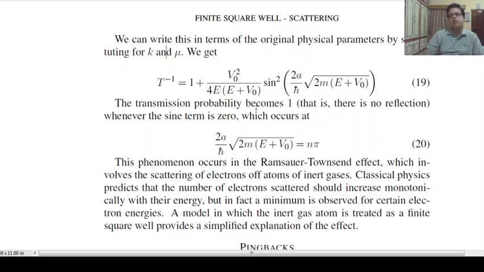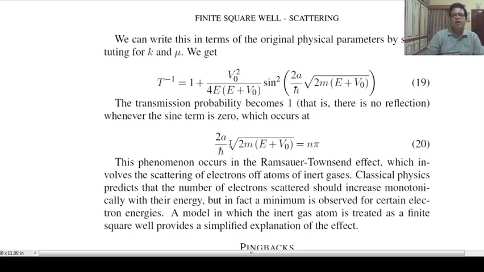This transmission probability becomes 1, that is, there is no reflection, whenever the sine term is 0. If this term is 0, then T becomes 1. There is only such a possibility if theta becomes n pi, a multiple of pi.